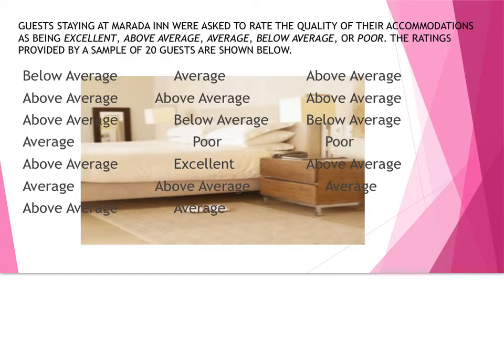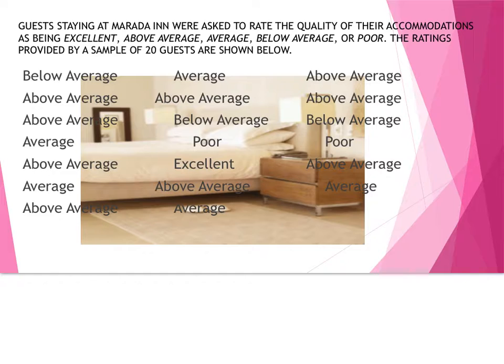Before I start making a chart, I need to also decide, is it nominal or ordinal? Well, if I look in the description here, it says that people could rate the quality of their accommodations as being excellent, above average, average, below average, or poor.